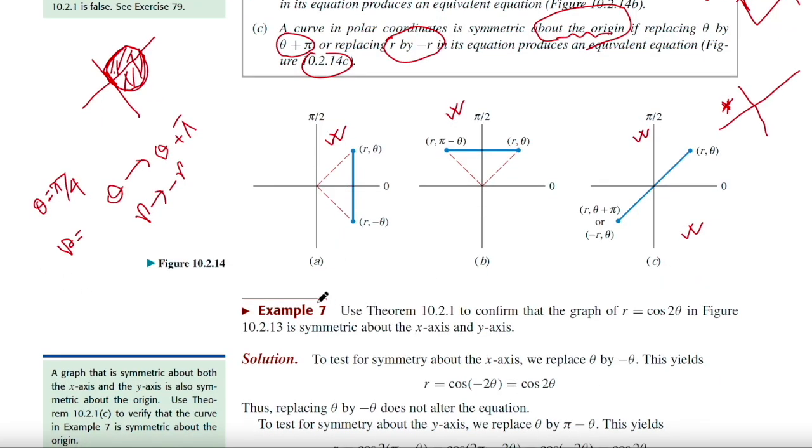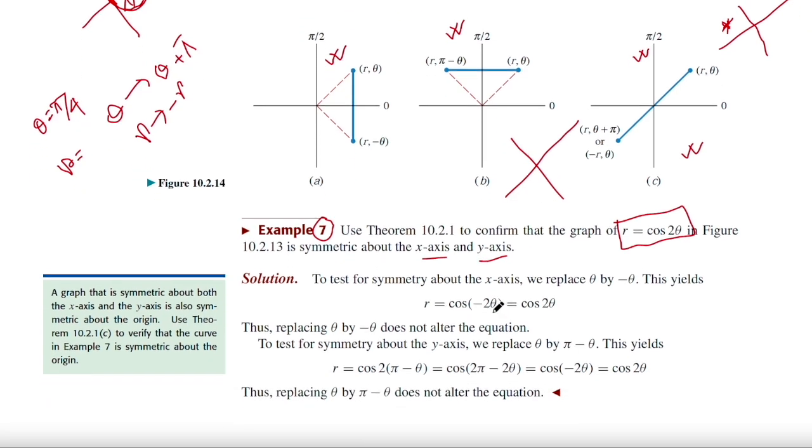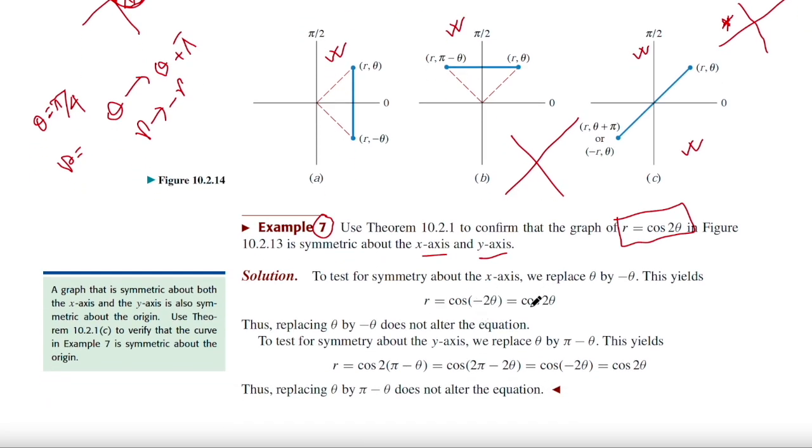Now in this example 7, we can again confirm that the rose curve which we discussed in our last class is symmetric to the x-axis as well as the y-axis. Why? Because if you replace theta by minus theta, you get back your original equation.